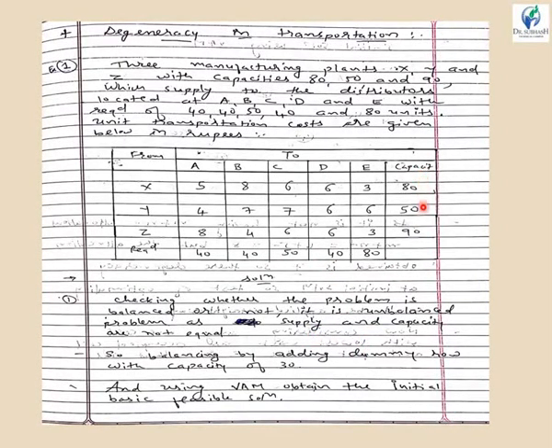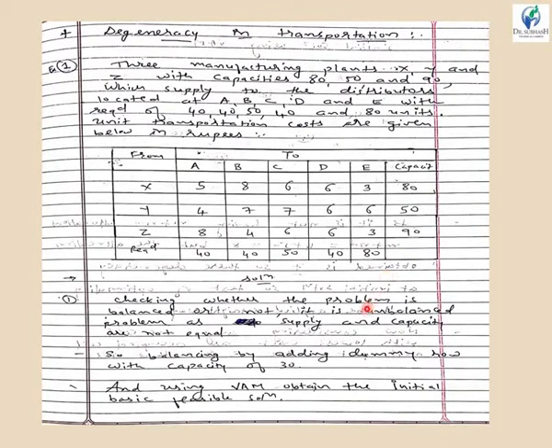Adding the capacities of all the 3 manufacturing plants, 80 plus 50 is 130, 130 plus 90 is 210. Similarly, the requirement is 40 plus 40 is 80, 80 plus 50 is 130, 130 plus 40 is 170, and plus 80 is 250. So the requirement is 250 and the capacity is 210, so we can say that this problem is an unbalanced problem.